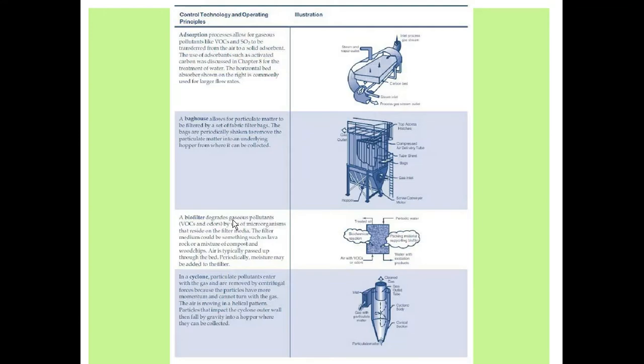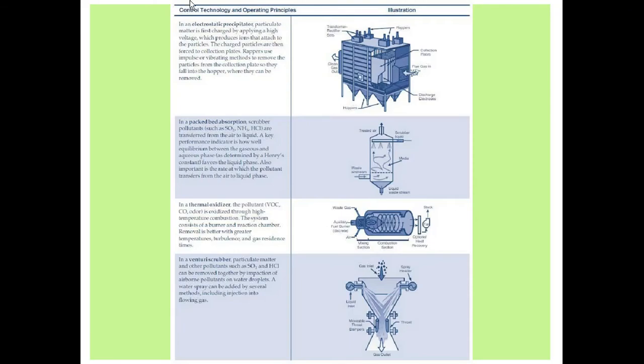So this is the explanation: absorption, baghouse. I just explained the cyclone for particulate matter pollutant. This one was already explained above, this is just a summary, so you can read and understand each treatment method and what purpose it can be used to remove.